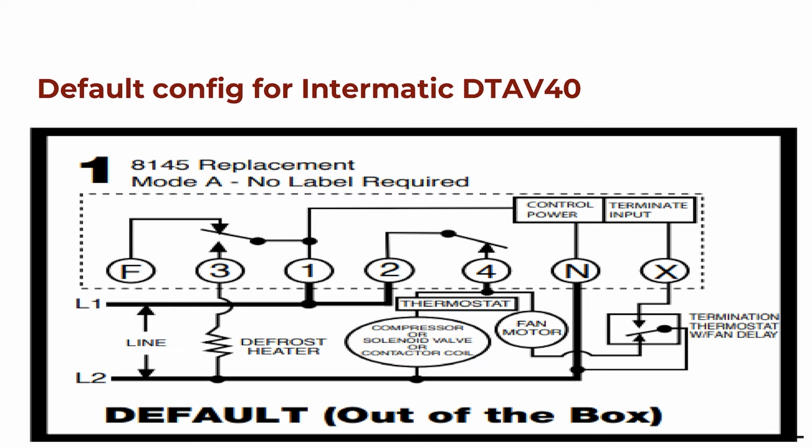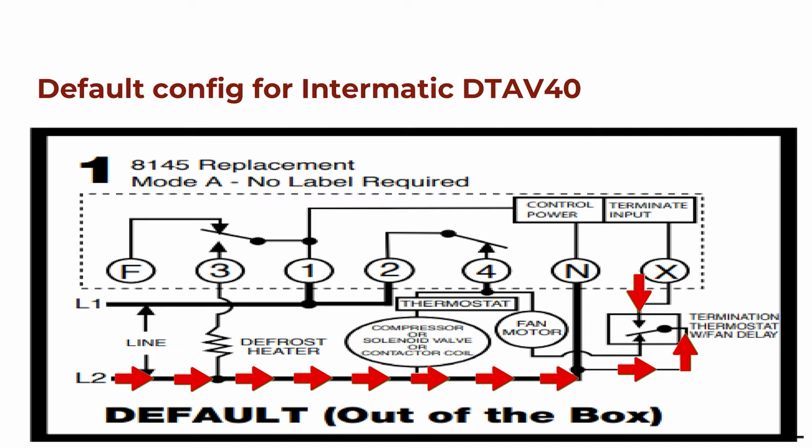But sometimes you'll have an early termination of defrost, and that will be initiated by this termination thermostat with fan delay. We have this thermostat here that goes between terminal X and L2. If we follow that along L2, we can see that we have a 3-position switch here.